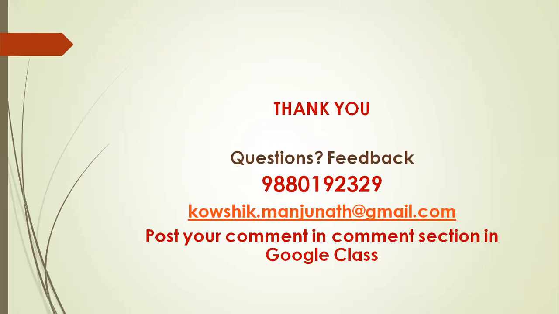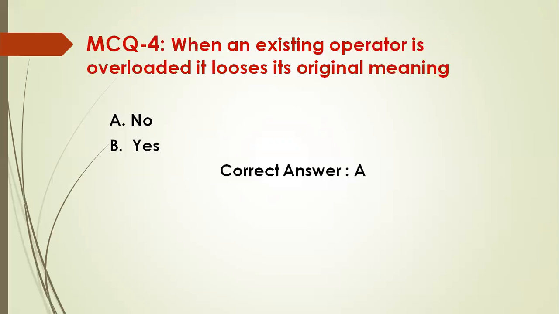So in today's class, we learned through an example program the concept of overloading a unary operator. We learned how a unary operator is overloaded and how an operator function is written for overloading a particular operator. Here I have written an operator function to overload ++ like this.